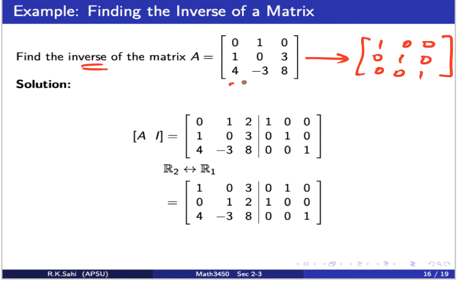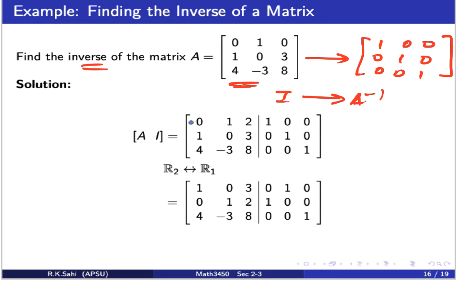Whatever operations we do on A, we do simultaneously on the identity matrix. When the row reduction algorithm is applied, it transforms A to I, and the I will be changed to A inverse. Let's go ahead and do this row reduction. I'm just going to quickly go over it. We have done it many, many times now, and I've shown you all the operations I'm doing.